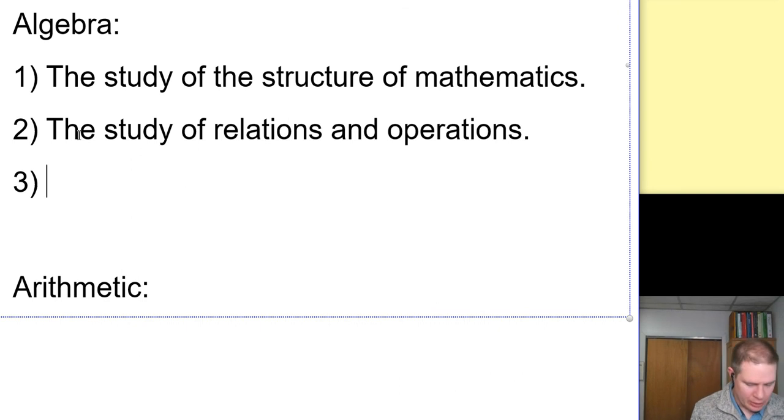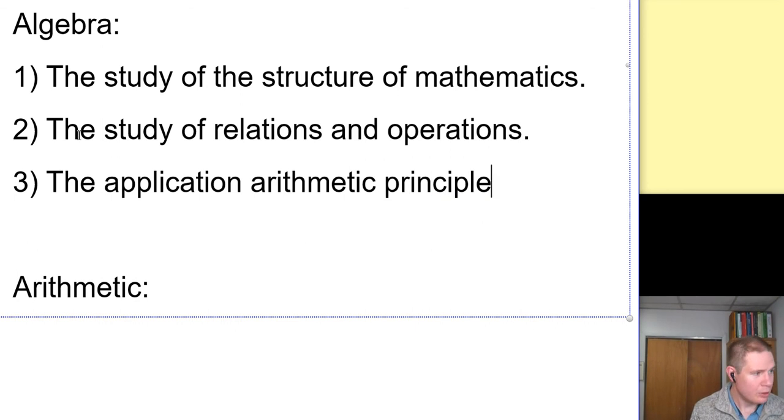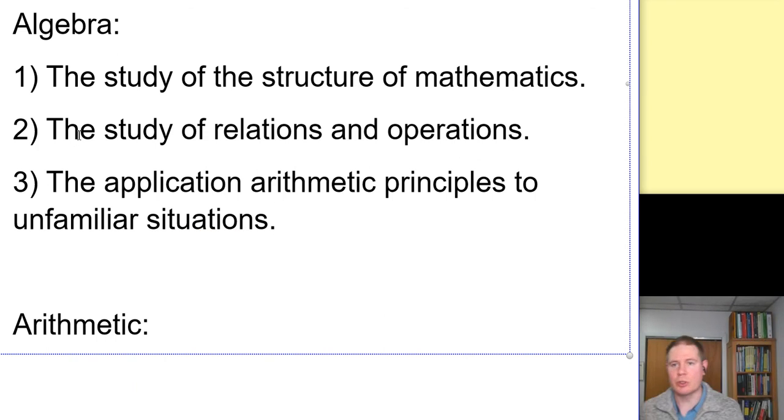Now getting a little bit closer to what you're used to for algebra, the application of arithmetic. So it's arithmetic used as an adjective, arithmetic principles to unfamiliar situations, right? And that's what we were talking about in the quote a moment ago.